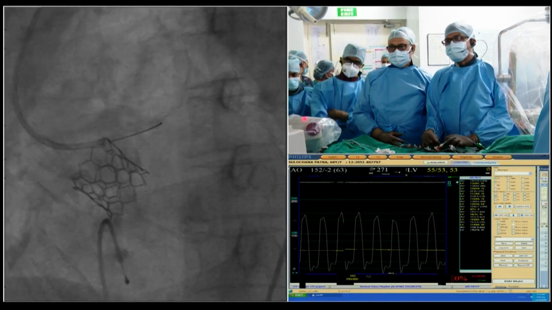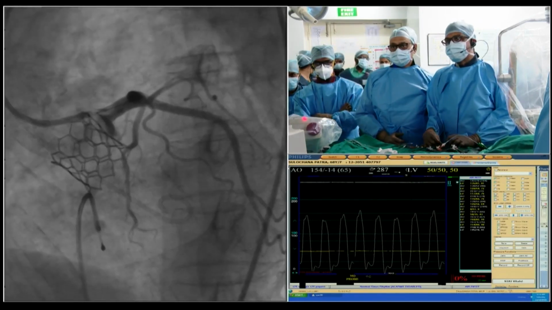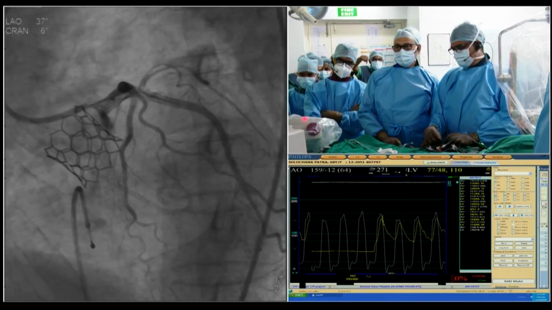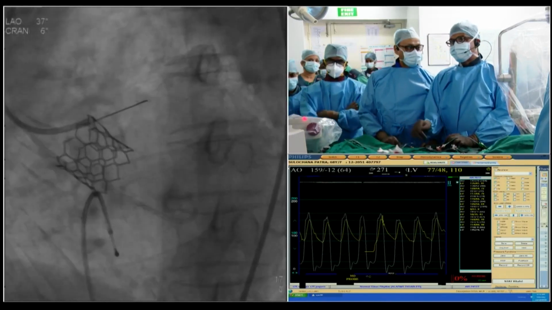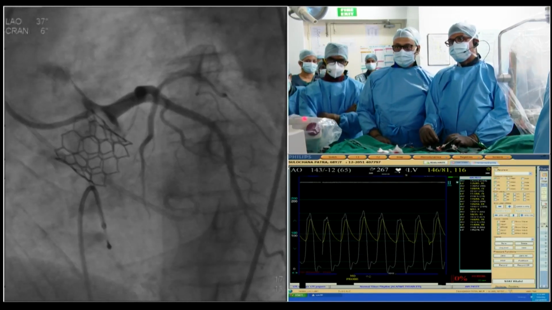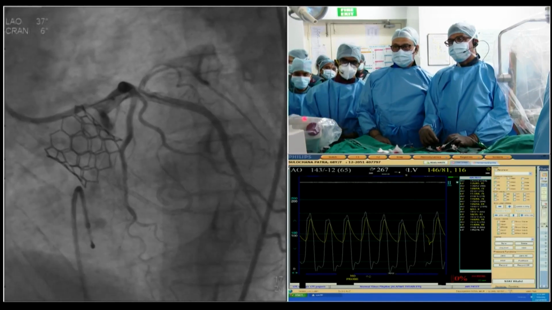I had a similar situation where everything was looking good, pulled the wire, and it was still flowing. 15 minutes post that, the patient had a problem. Then we rewired and did a chimney. So I think we should wait for 15 minutes, because the leaflet is almost reaching the topmost part of the left main. It is very close to the artery.